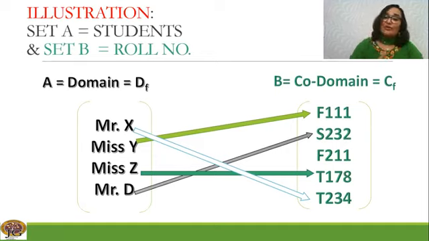Miss Y has also only one roll number. Same way with Miss Z and Mr. D. This is what I meant by saying that each element of the first set, set A, must have a unique relationship with the elements of set B. I think the illustration makes the thing very easy and clear to you.